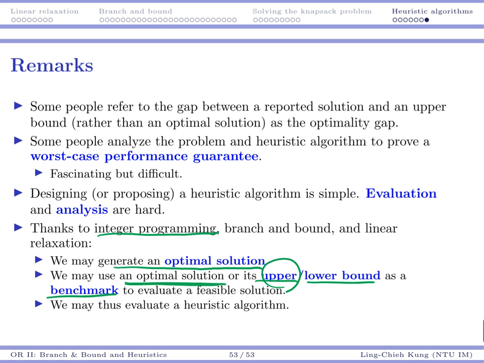To get an upper bound or lower bound of an optimal solution is actually very hard. Only if you know that the linear relaxation provides that bound, then you have it. There are some other more advanced ways to find upper bounds and lower bounds, but linear relaxation for an integer program is always one good candidate.